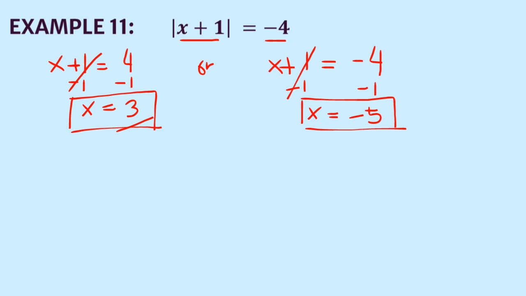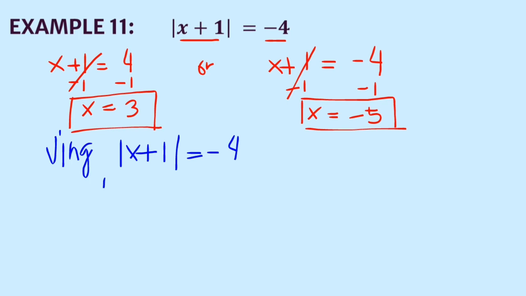Okay, now to check whether this 3 and negative 5 here is our solution set, let's do the checking. Now, for the checking, again, we have to follow the original equation, which is this one. Now, let's substitute this 3 here to our original equation.